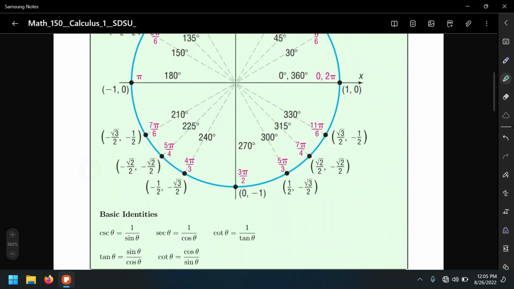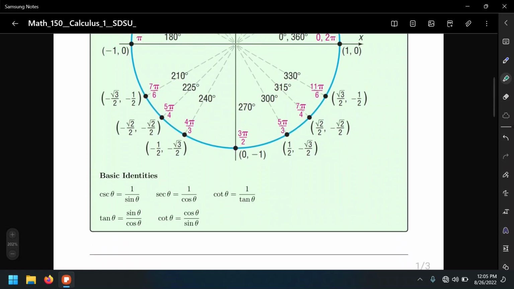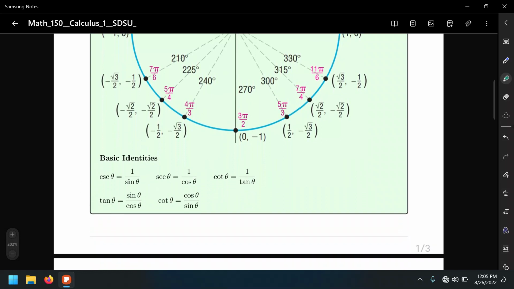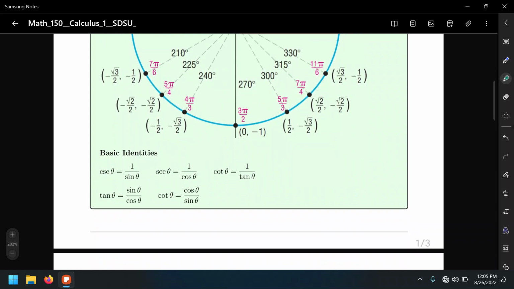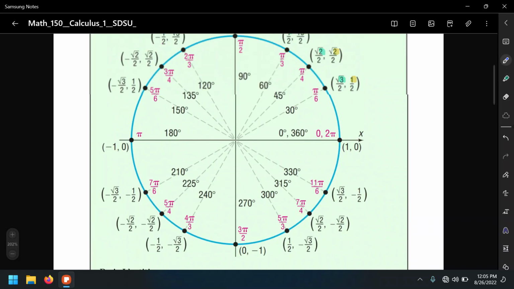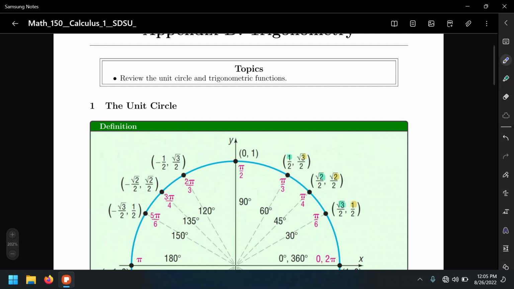Okay, so let's put into practice some of these calculations, and let's look at basic identities that are important to keep in mind if you are using the unit circle, because recall that the points along the unit circle are of the form cosine and sine.